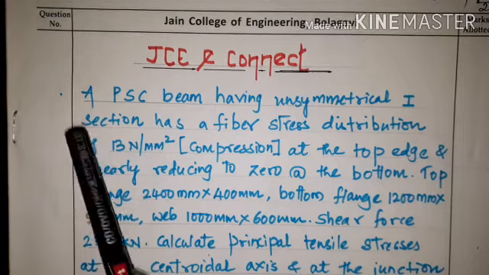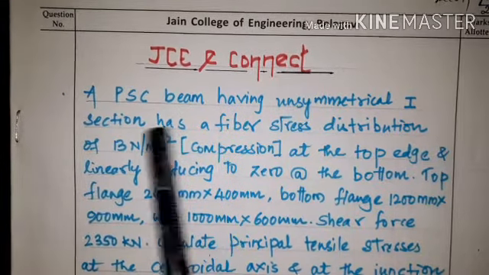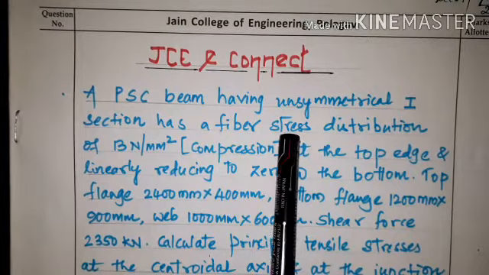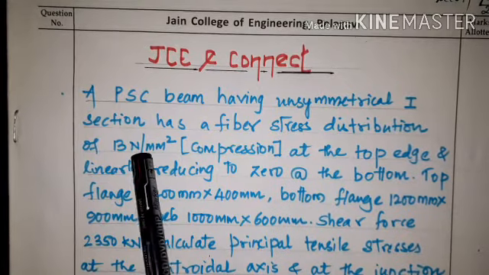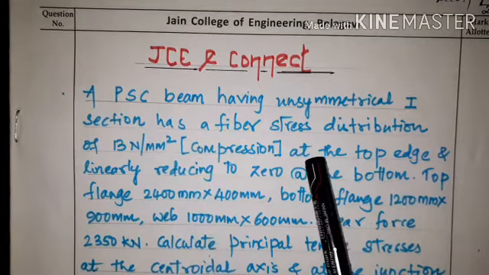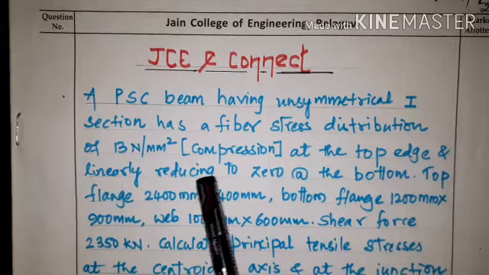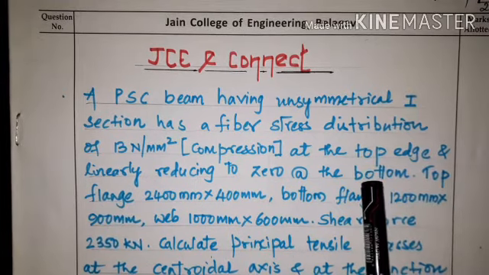It is given as a prestressed concrete beam having an unsymmetrical I section with a fiber stress distribution of 13 Newton per mm square, that is compression, at the top edge, and linearly reducing to 0 at the bottom.